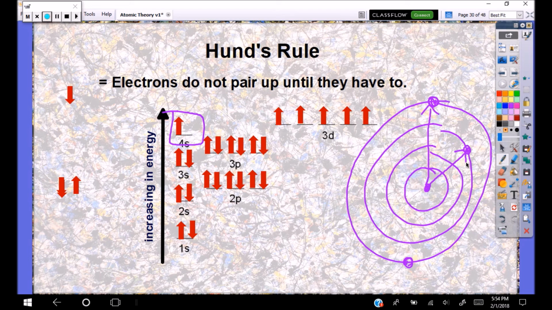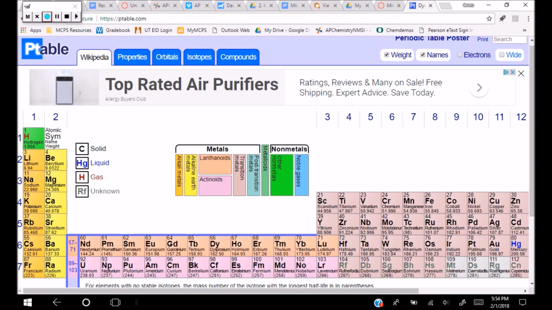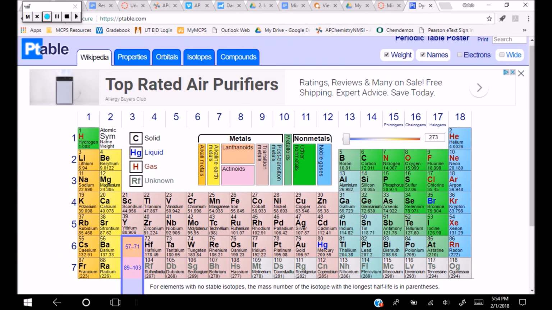You may look at an atom like silver, for instance, and see that it does not have the typical electron configuration that you would expect. If you looked at where silver was in the periodic table, you'd expect silver to be, let's see, 1, 2, 3, 4, 5, 6, 7, 8, 9, 3d9.